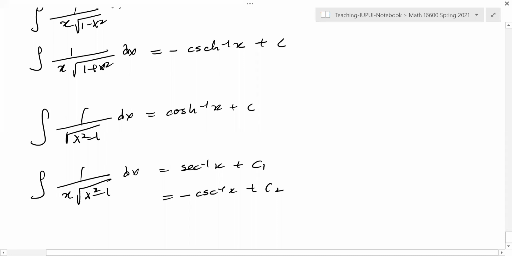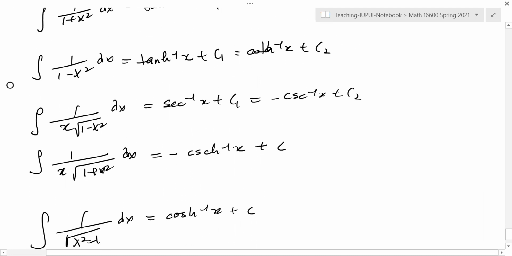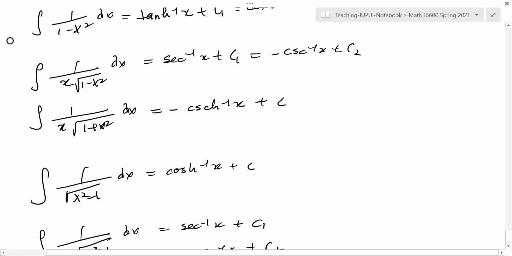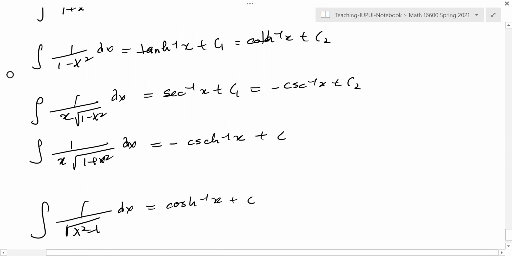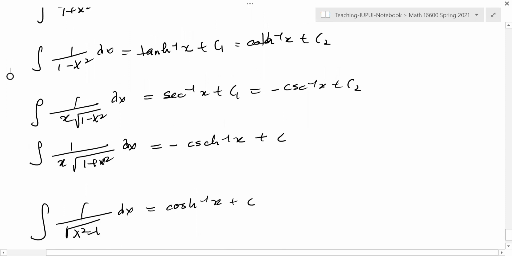Wait, I don't see anything wrong. Secant, hyperbolic secant, secant x squared. Let me check. 1 minus x squared.